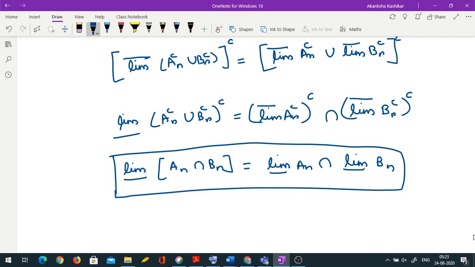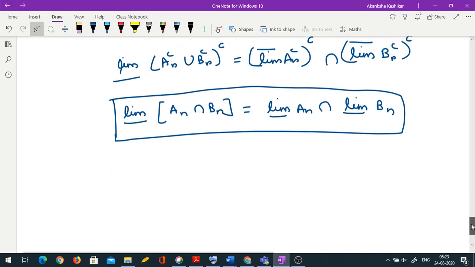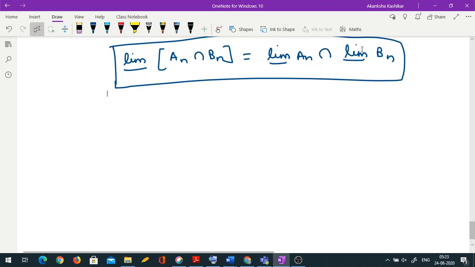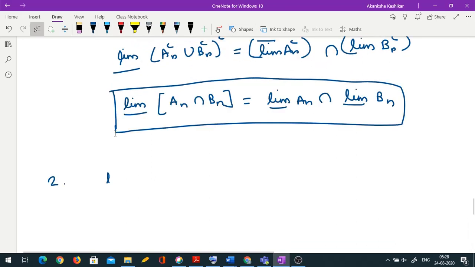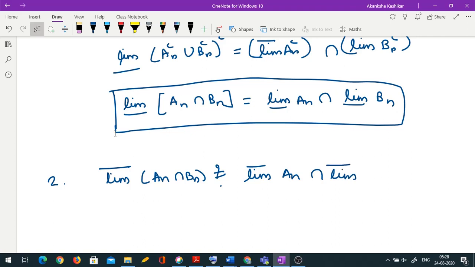What about second and third? Okay, so let me try to see if we can do something about second. I want to examine whether lim sup of An intersection Bn is the same as lim sup of An intersected with lim sup of Bn.